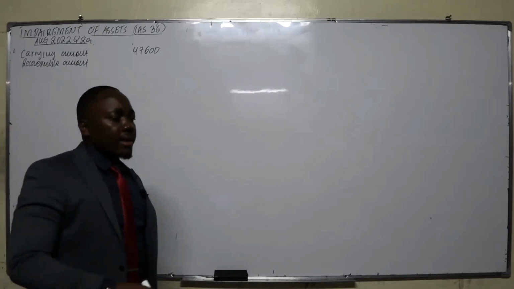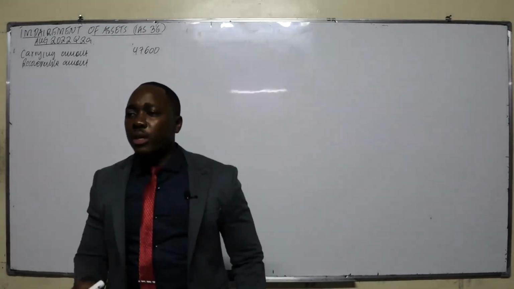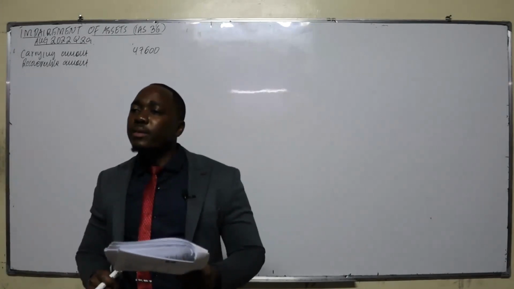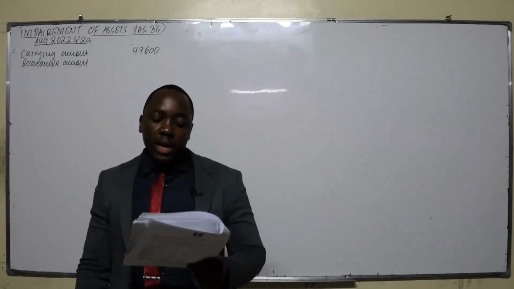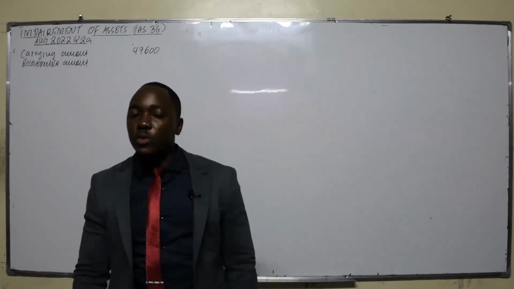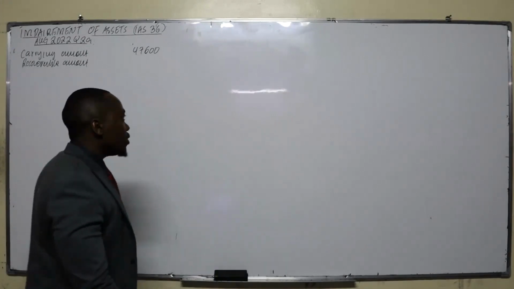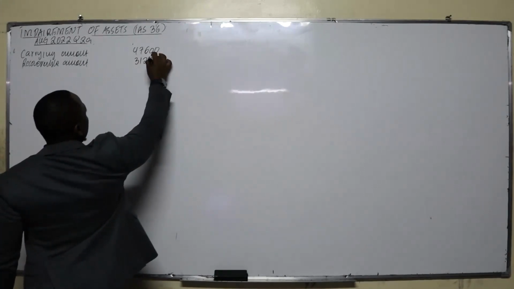We say that the recoverable amount is the higher of fair value less cost to sell, which in this case is the net selling price of 19.2 million, and value in use of 31.2 million. So take the higher of the two. Therefore the recoverable amount will be 31.2.